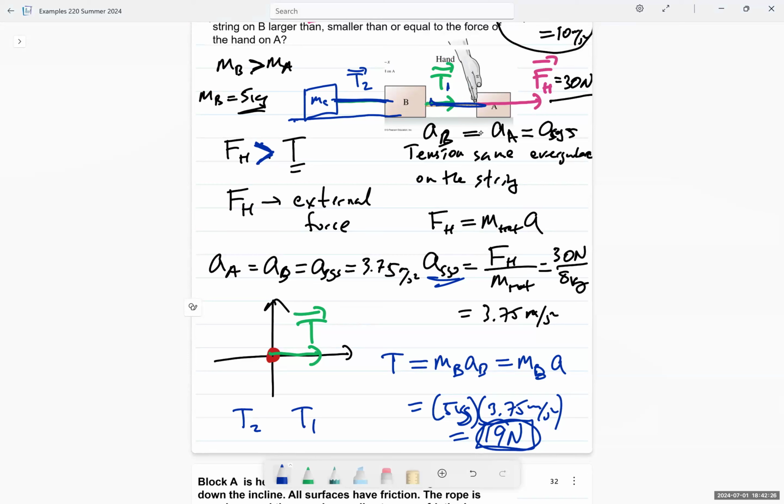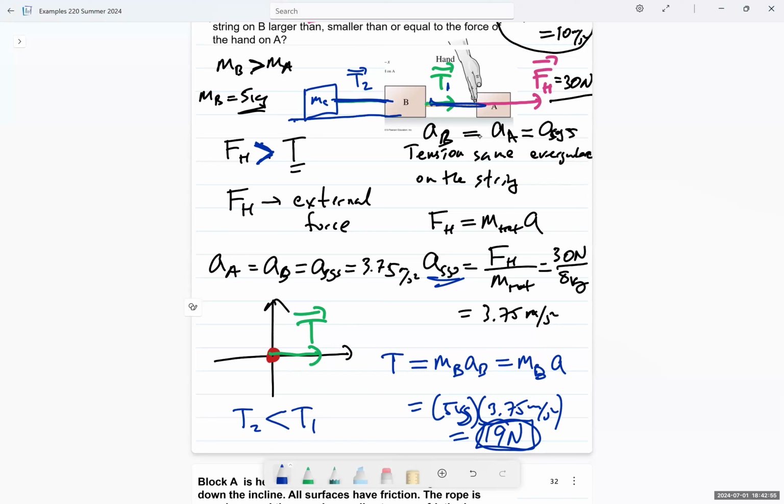In this case, F of H will be pulling 3 blocks, T1 will be pulling 2 blocks, and T2 is only going to be pulling 1 block. So that means T1 will be greater than T2, because T2 is only responsible for pulling just 1 block. T2 only pulls mC, and T1 pulls both mass of C and mass of B together.